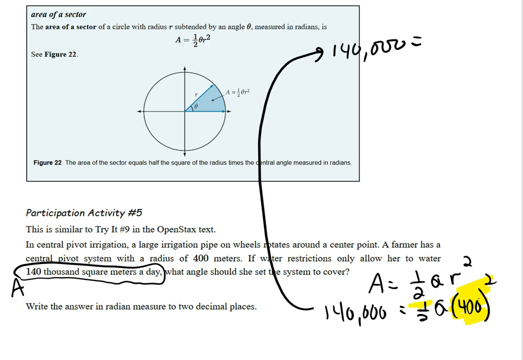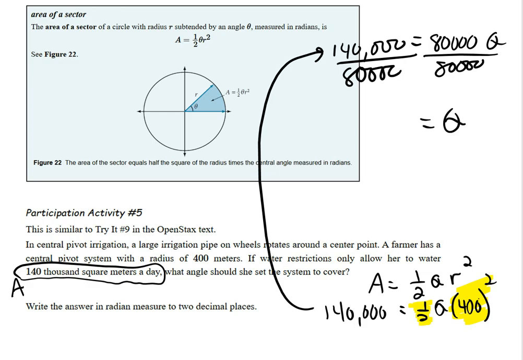But then I want half of that, so divide that in half. That's 80,000. So this is going to be 80,000 theta, and then just divide both sides by 80,000 to figure out what theta is.